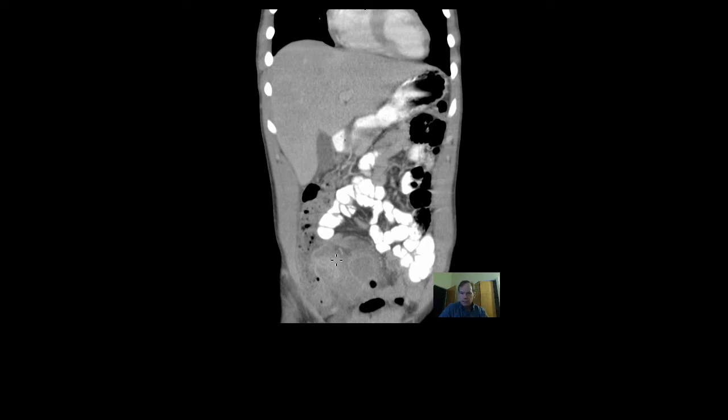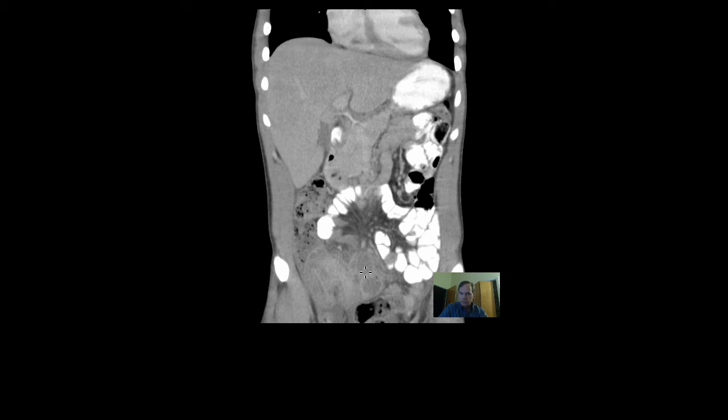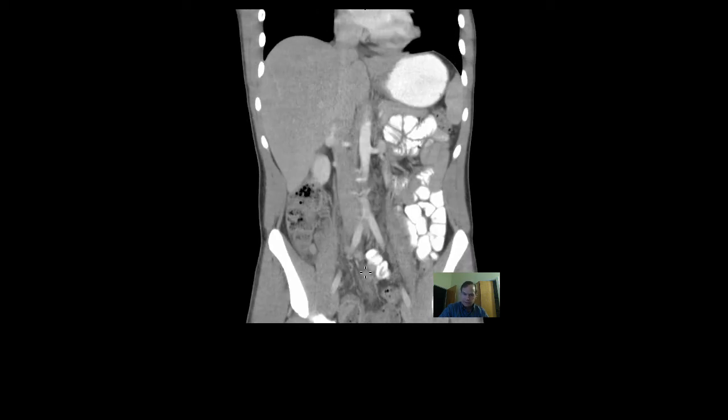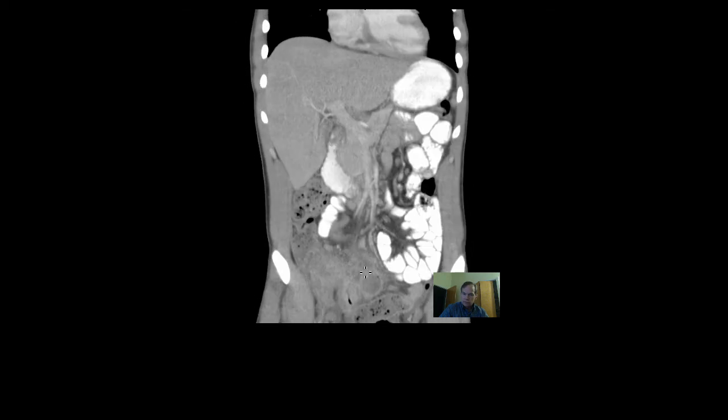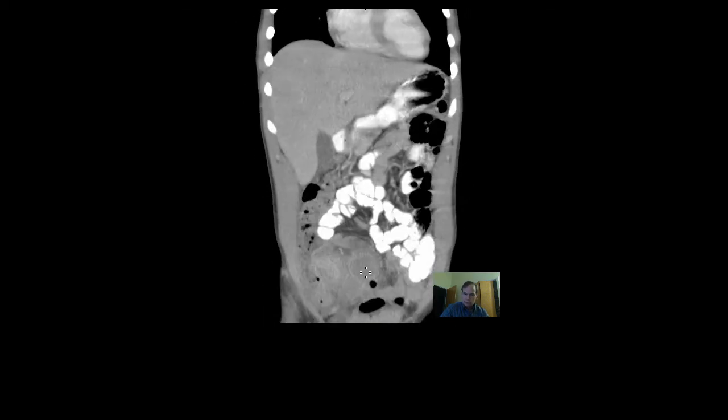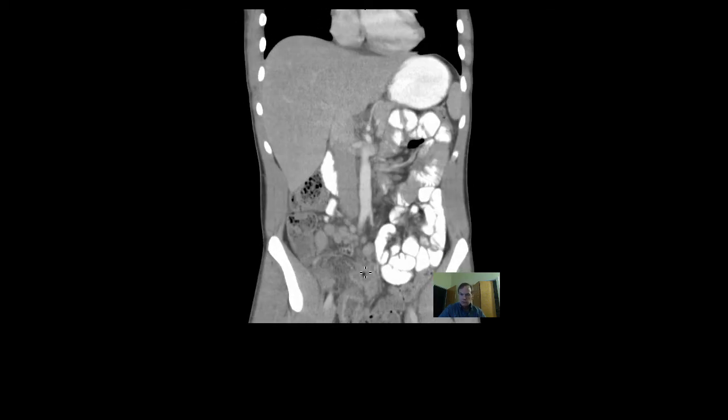I suspect that these fluid collections reflect fistulas that often form in association with Crohn's disease and are causing these collections.